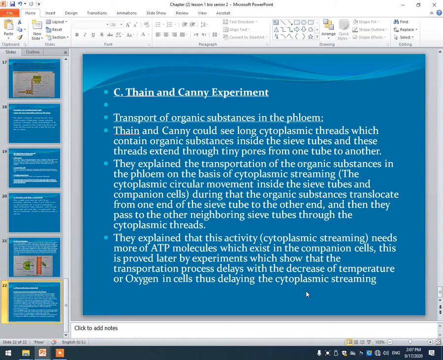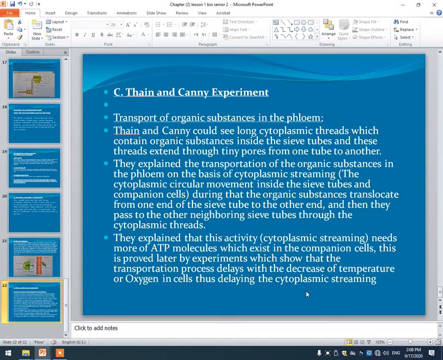They explain the transportation of organic substances in the phloem on the basis of cytoplasmic streaming: the circular movement of cytoplasm inside these tubes and the companion cell translocates the organic substance from one end of the sieve tube to the other end, and then it passes to the neighboring sieve tube through cytoplasmic threads. They explain that this activity, cytoplasmic streaming, needs ATP, which exists in the companion cell.